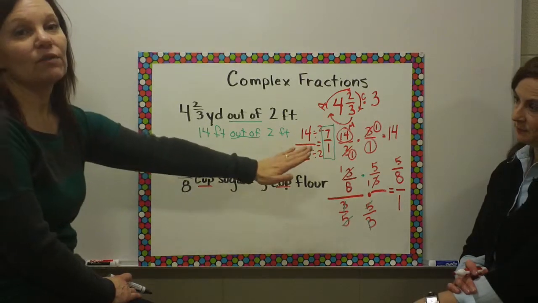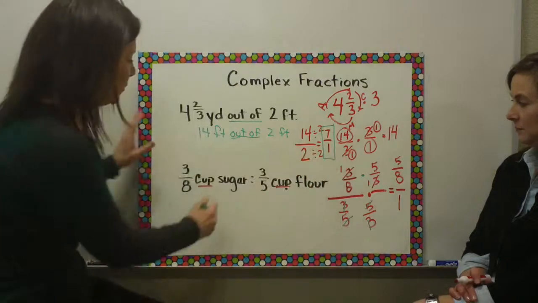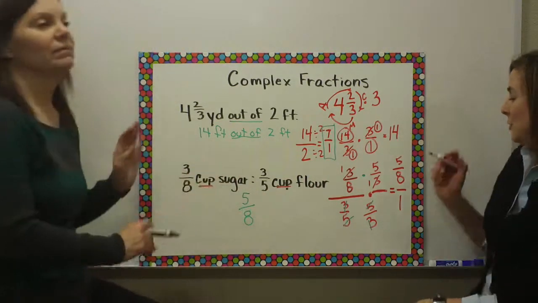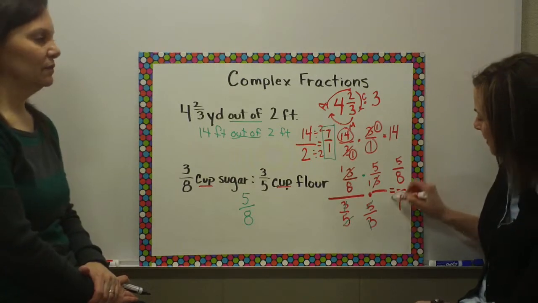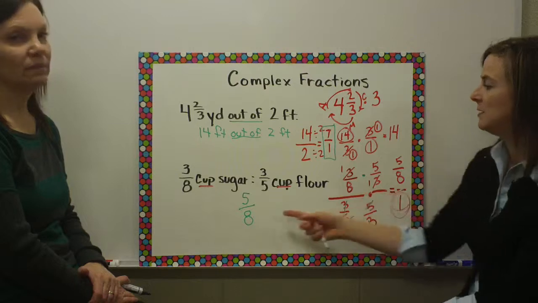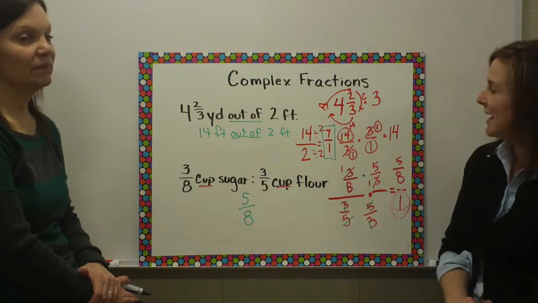Now, any number over or divided by 1, we know is just that number. So we are left with 5 to 8. The reason that we don't have to write this one here is because when we divide 5/8 by 1, we are still left with 2 numbers, which is what you need to have a ratio.